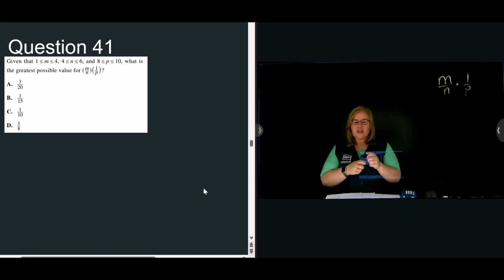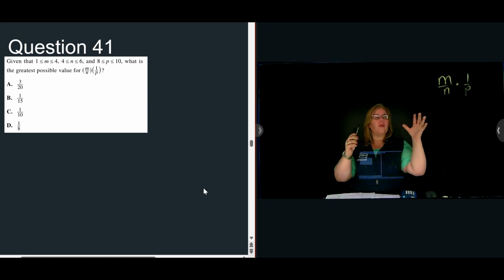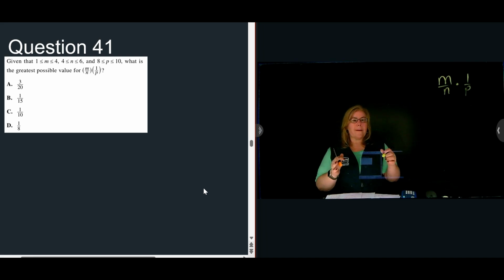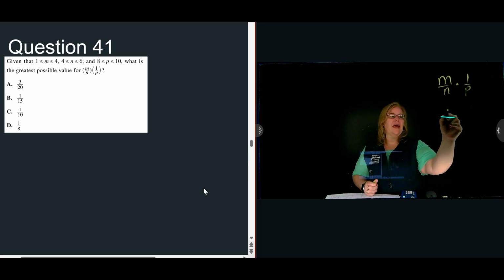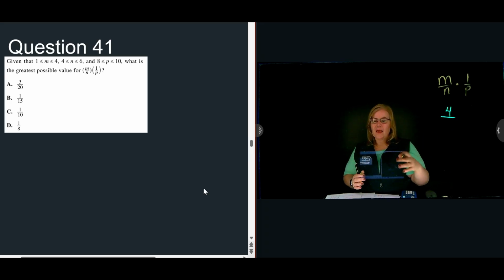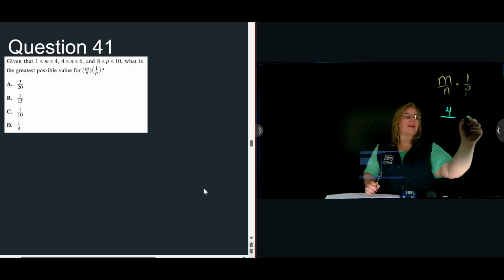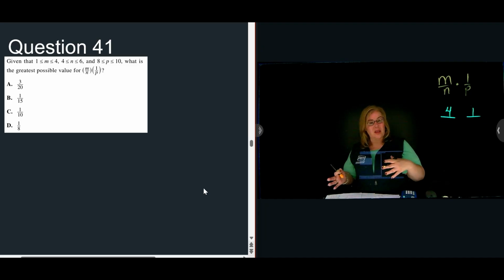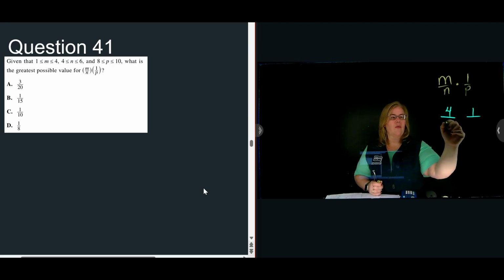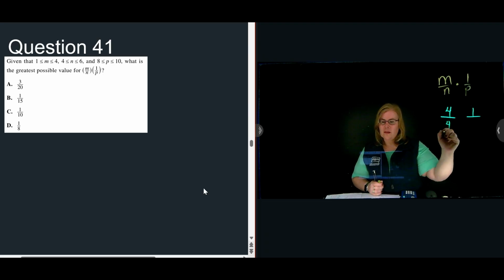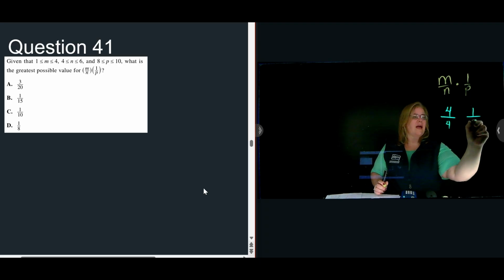All right, so now I need to put those in with numbers. For my m, I'm going to take the largest possible answer, which is 4. And then for my n and my p, I'm going to use the smallest. So I have the smallest being 4 for n, and the smallest for p is 8.